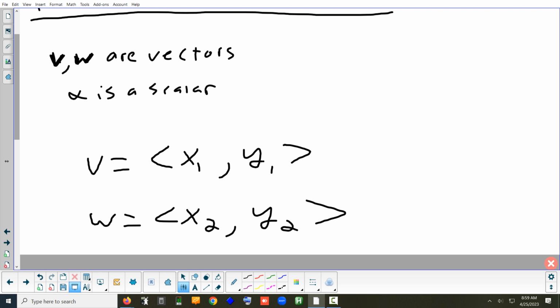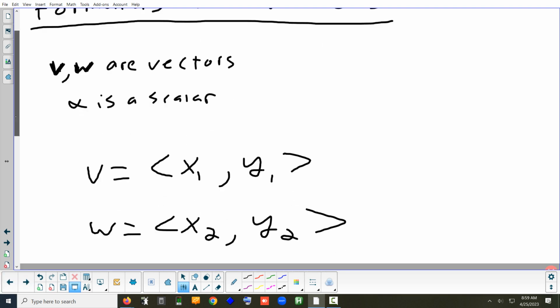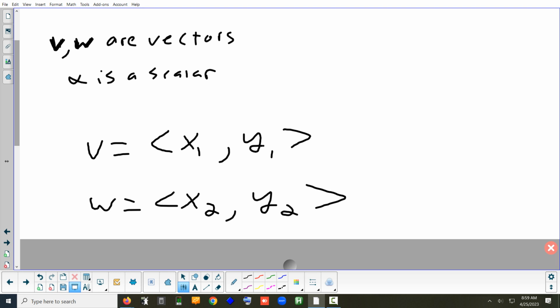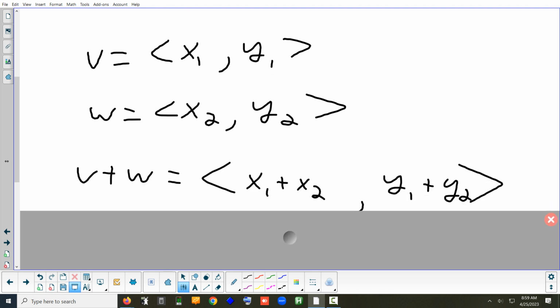Okay, so here's the 2 vectors I'm going to work with. When we start doing an actual problem, those 2 vectors are going to have all numbers like this. But for now, vector v has a horizontal and vertical component, and so does vector w. Now, when we talked about adding vectors yesterday, this is how you had to do it.